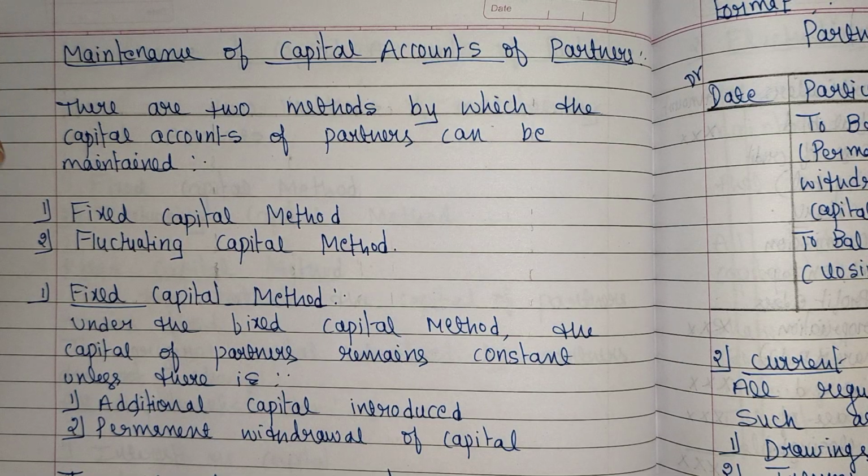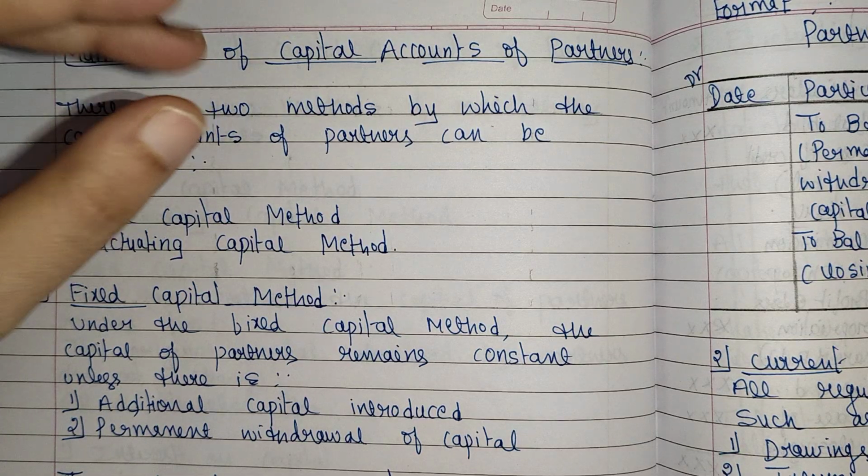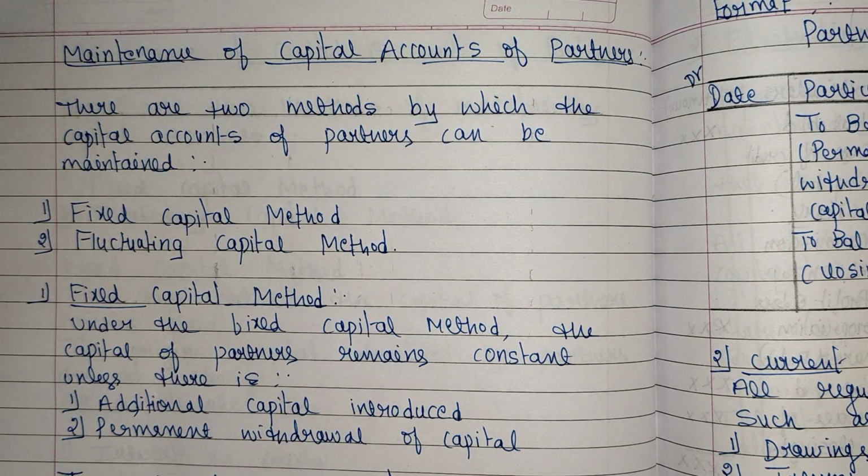The partners' capital account shows only opening capital, additional capital and permanent withdrawal of capital. Clear? And in the current account, we record all the adjustments like drawings, interest on drawings, interest on capital, salary, commission, share of profit or loss. Right? So this is the fixed capital method.